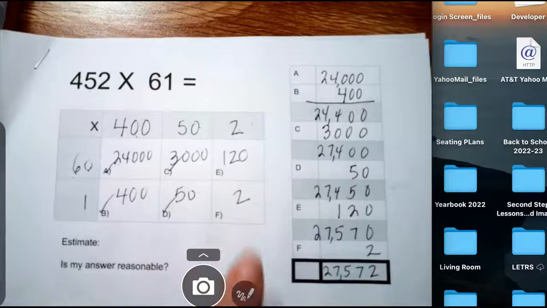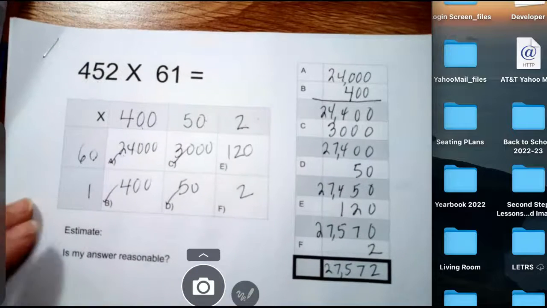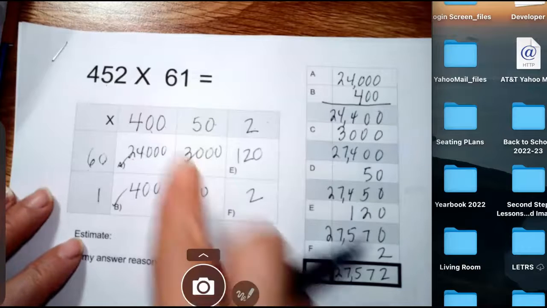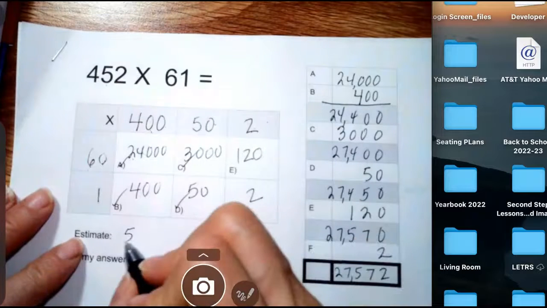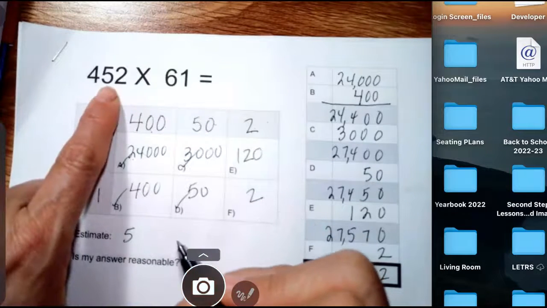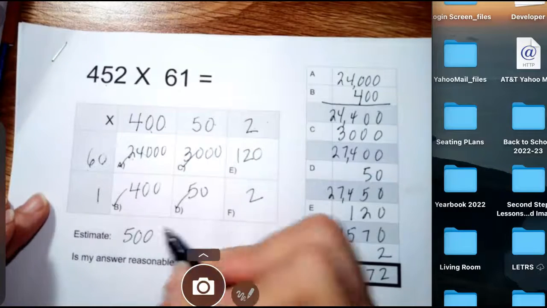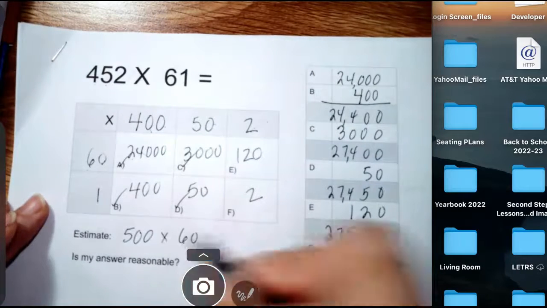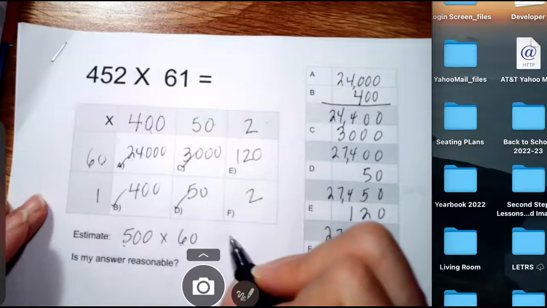And then our last step is we always want to estimate to check our answer. 452. Now this one's tricky. You could do 400. You could do 500. I'm going to go with 500 because I have the 5. Remember, 5 or more, we're going to go up. So I'm going to do 500. And then 61, I'm going to do 60. So if I have 5 times 6, that's 30.